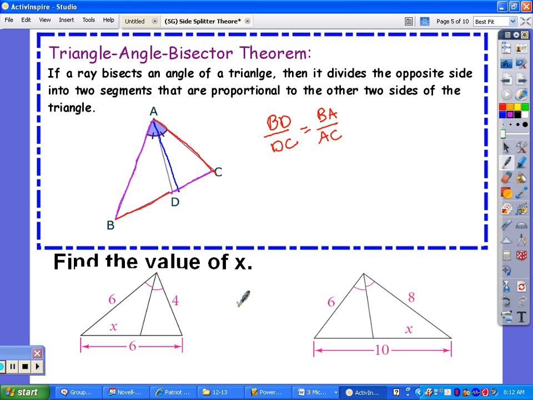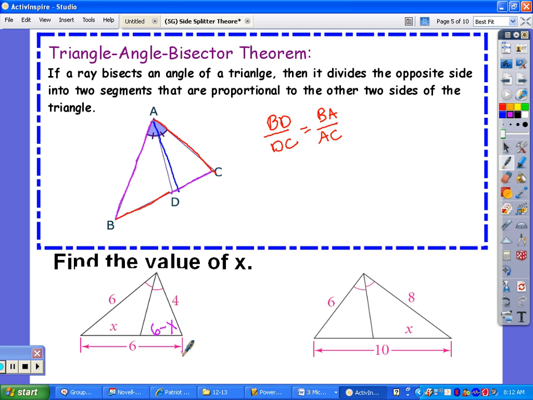So for these two examples, we want to find the value of x. They said this whole thing is 6, and this piece is x. So to use the triangle bisector theorem, we need the two pieces, so we need to call this other piece something. If we know the whole thing is 6 and part of it is x, this piece is going to be 6 minus x.